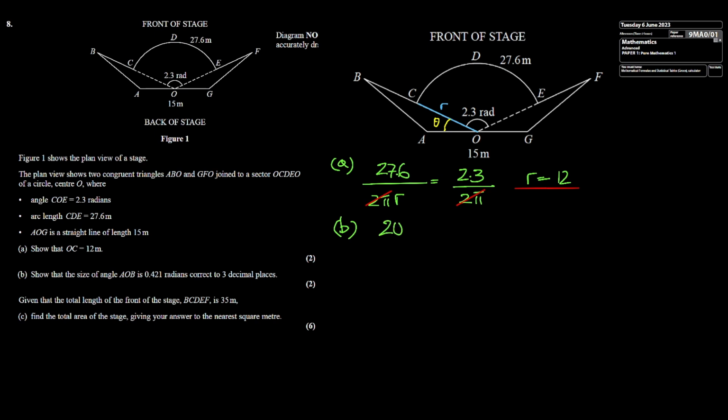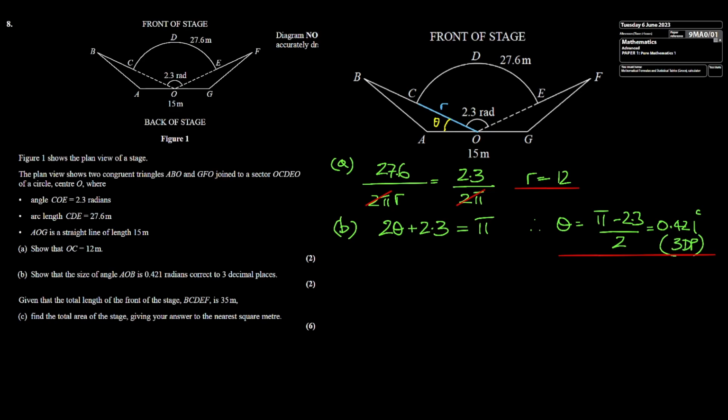So 2 theta plus 2.3 must equal pi. So theta equals pi minus 2.3 divided by 2, and that indeed is equal to 0.421 radians, and that's to 3 dp.